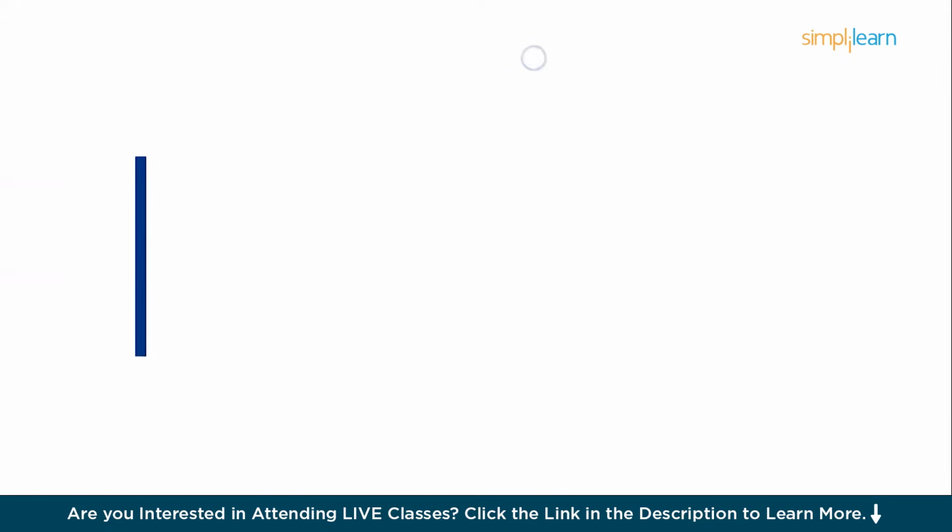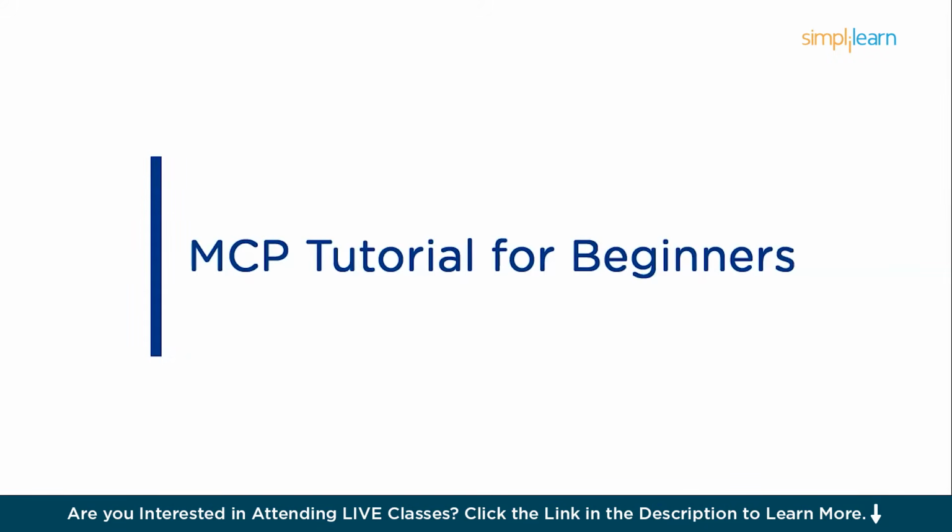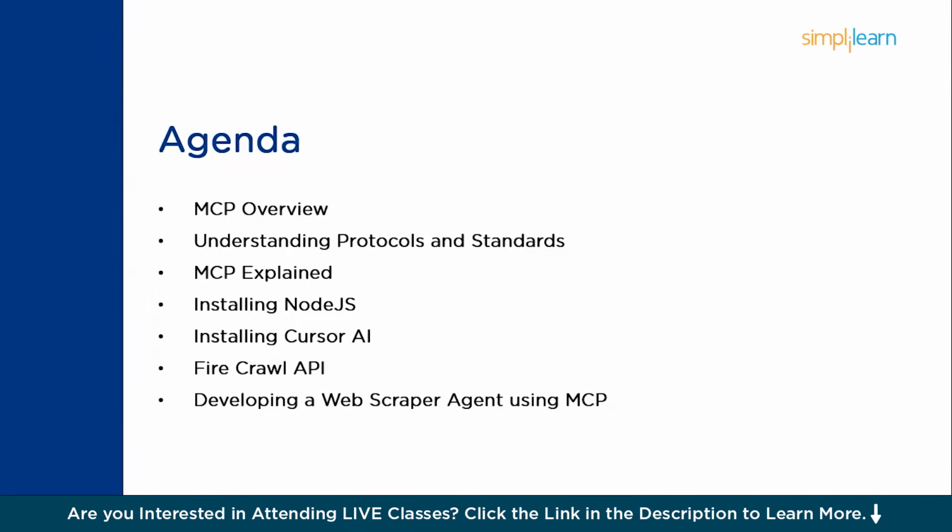Now, we will begin with the agenda for the MCP tutorial for beginners. Firstly, we will have a quick briefing of what exactly an MCP, or Multi-Agent Collaboration Protocol, is. Followed by that, we will understand some basic protocols and standards in communication. Next, we will relate MCP to the understanding of protocols and standards.